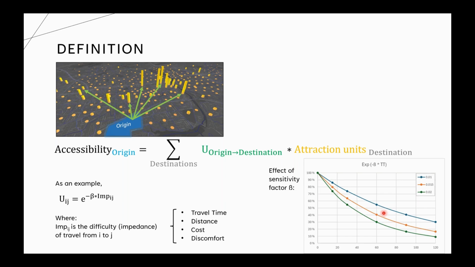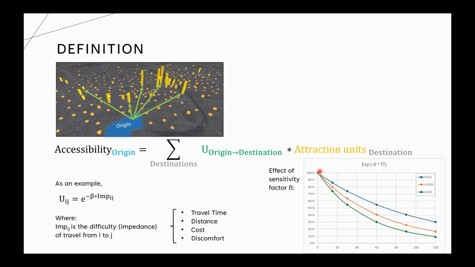And if we want to consider the impact of selecting beta, which is the sensitivity factor of this model, we can consider the blue line here or the green line. The blue line is the least sensitive model with the value of beta equal to 0.01.